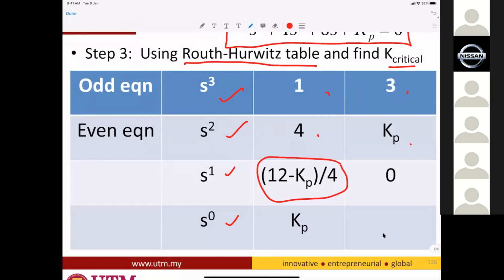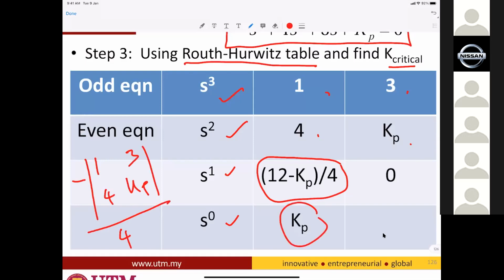Adrian, how do we get this 12 minus Kp divided by 4? 3 times 4 minus 1 times Kp, over 4. At S power 2, negative 1 times Kp, over 4. Then same to this one, Kp also the same.